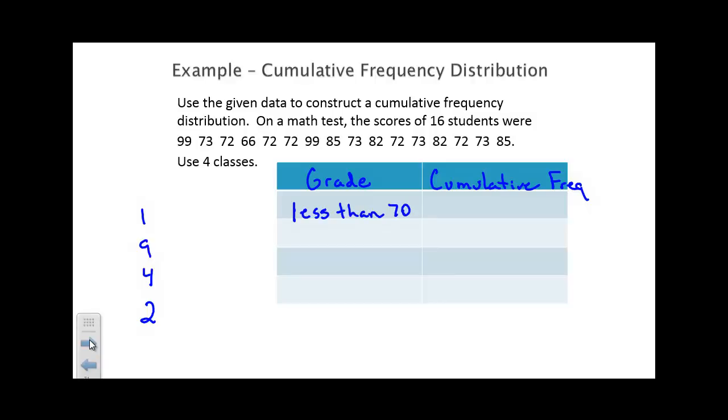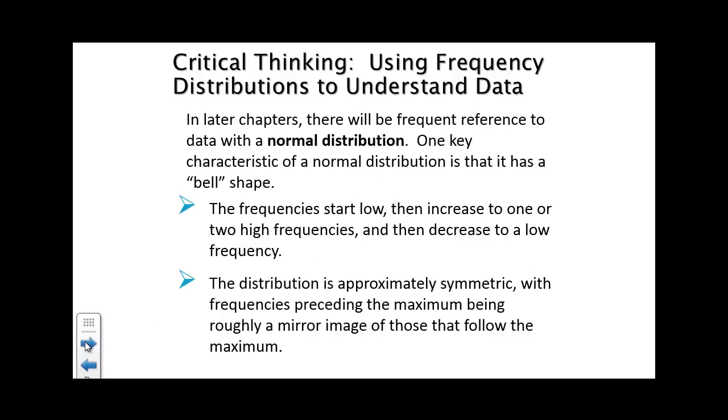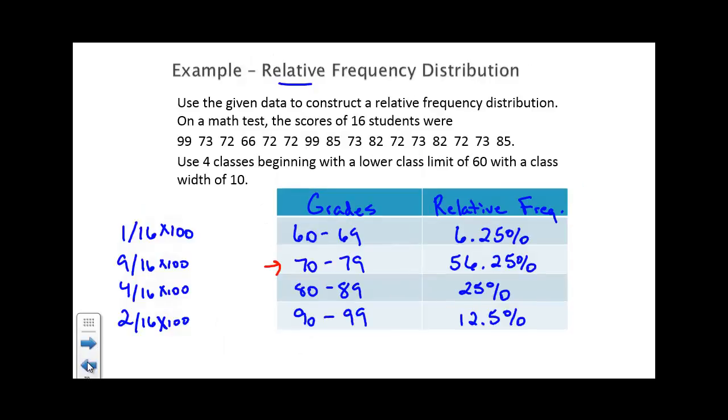And then we're going to go to less than the next lower class limit, and that would be 80, and less than the next lower class limit, which was 90. And I'm looking at the previous slide for all of these. It was less than 70, less than 80, less than 90.